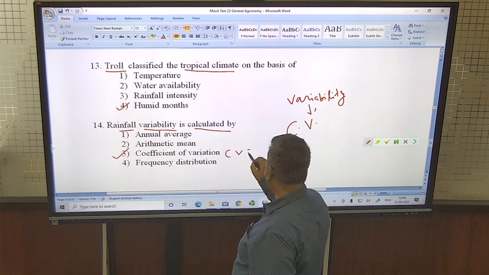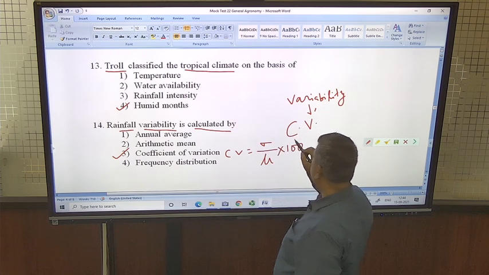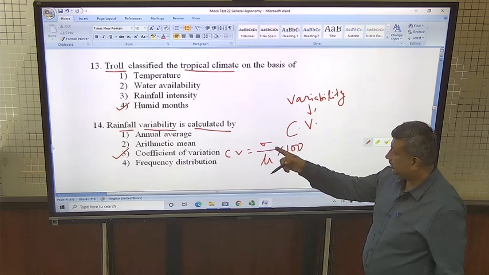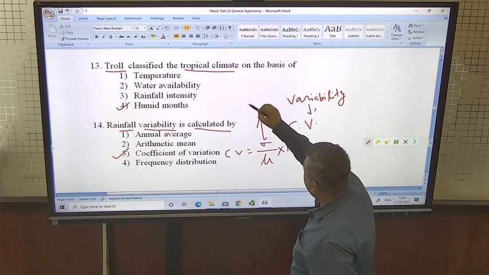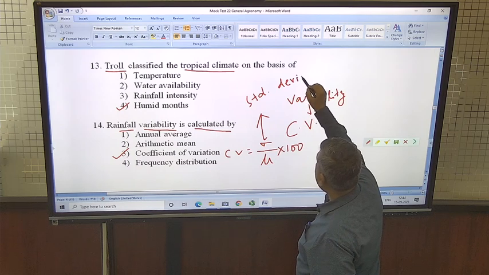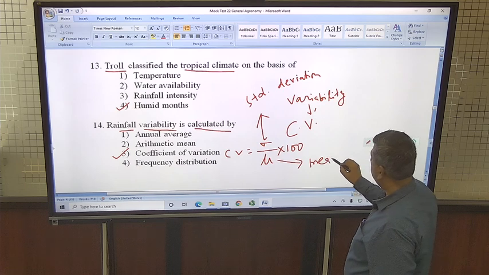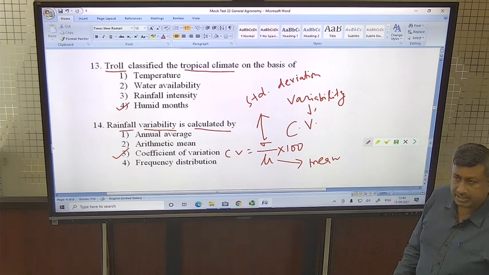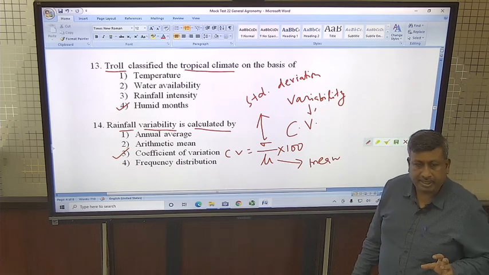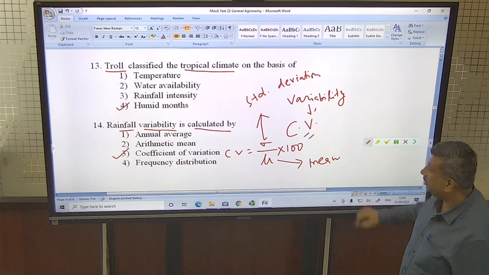CV is equal to standard deviation divided by mean, into 100. This is the formula: sigma is the standard deviation and mu is the mean. Sometimes this formula is asked. So any type of variability is calculated with the help of the coefficient of variation, known as CV.